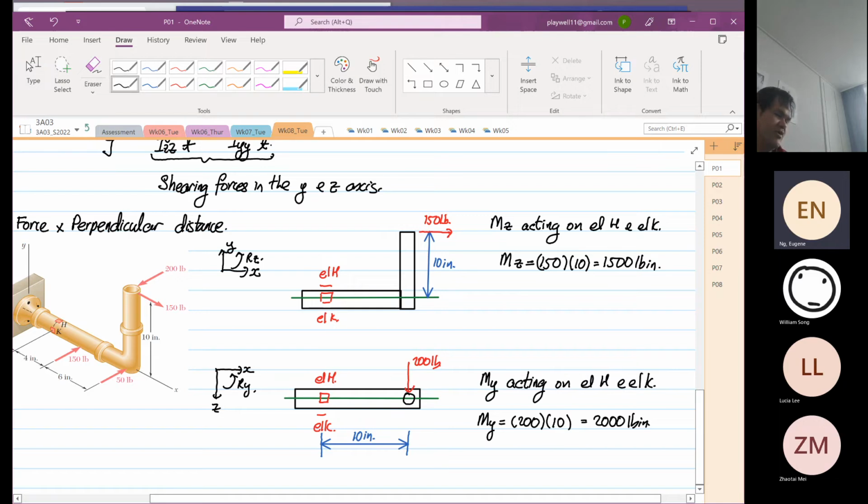Okay, so you guys will say, hey, Eugene, don't really see the difference. So the difference is this. I want you to look at this.